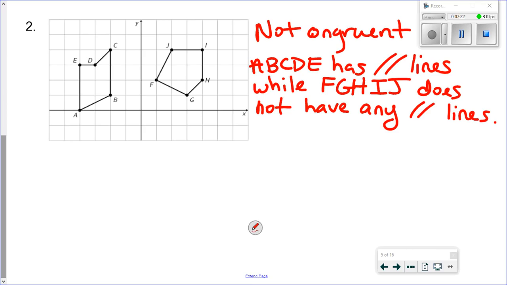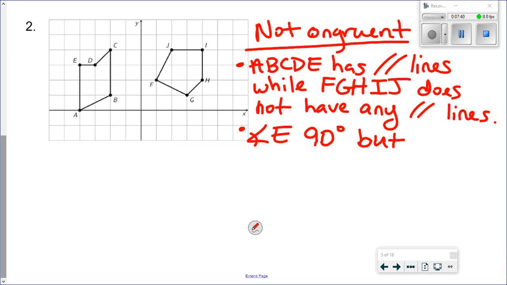Another valid response as to why they are not congruent could be comparing an angle measurement, such as in the first figure, angle E appears to be 90 degrees. But in the second figure, there are no 90-degree angles.